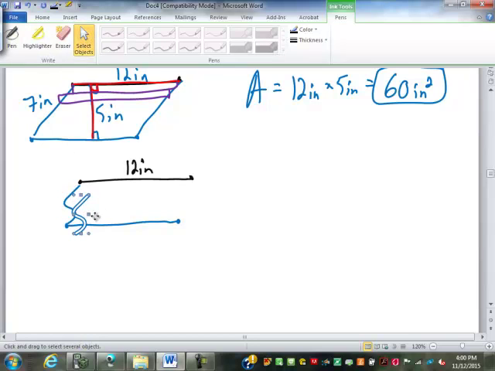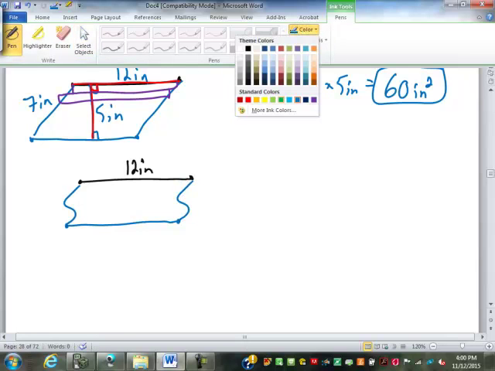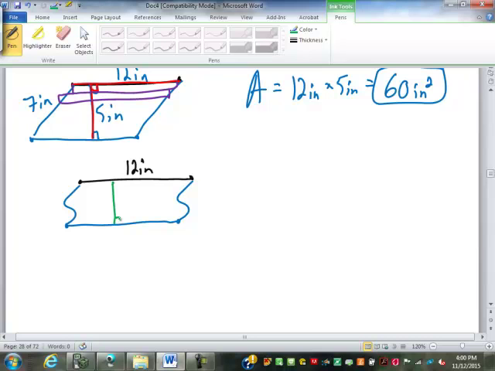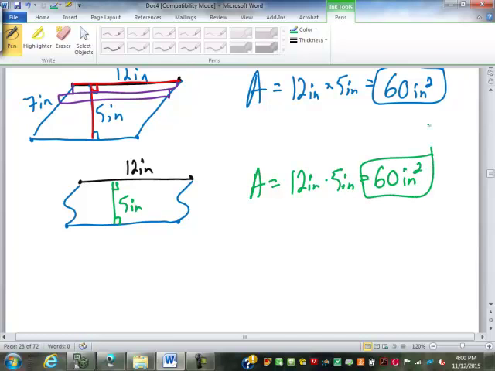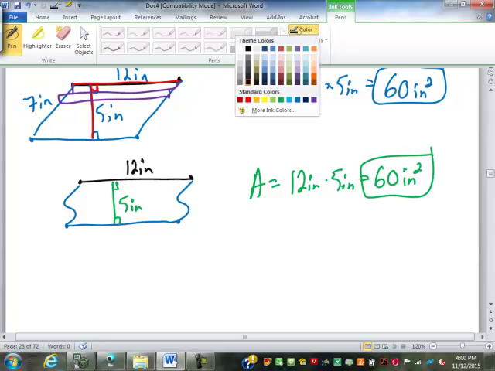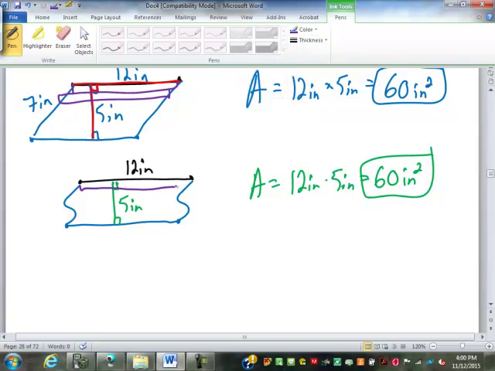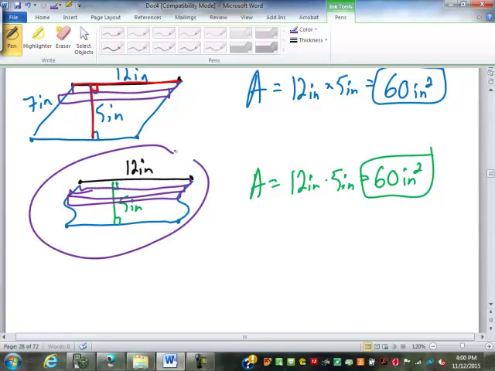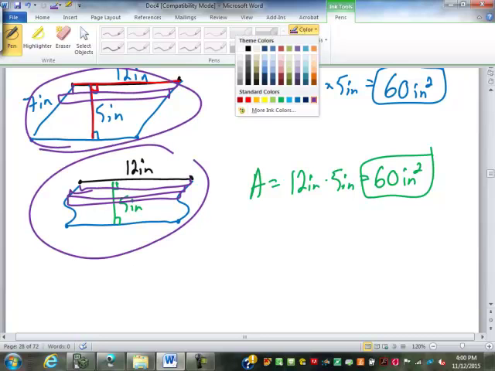I'm going to cheat because I suck at drawing. There. As long as this distance from where it started to where it ended is 5 inches, the area is 12 inches times 5 inches, or 60 inches squared, square inches. Because again, you think of those stacked up pancakes or whatever you're looking at there. It's going to take the same number of them to stack up 5 inches thick, no matter how they're sitting on each other. Now, we're not going to do anything like this, but we will do things like this.